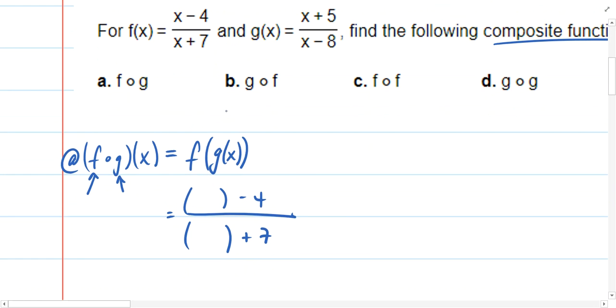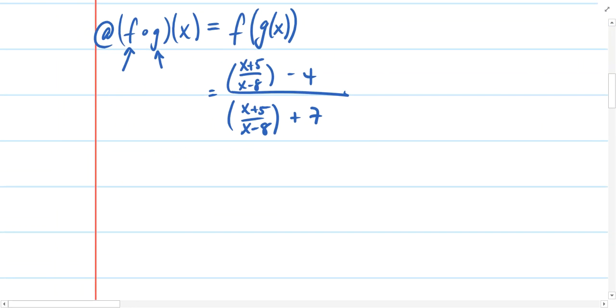And the something is no longer x by itself, but it ends up being the entire function g of x. So I have x plus 5 over x minus 8, and another x plus 5 over x minus 8. And in a sense, this would be okay as a final answer.